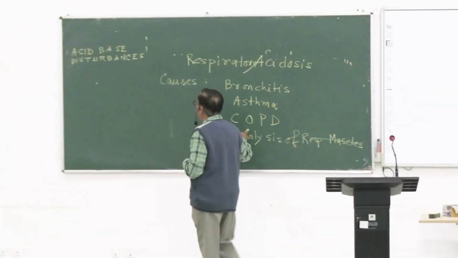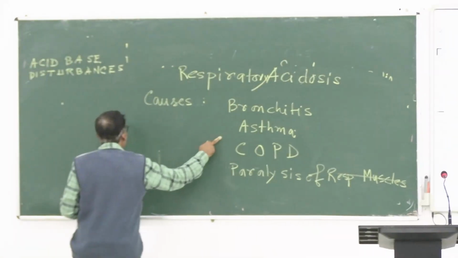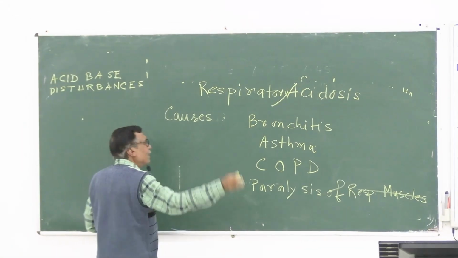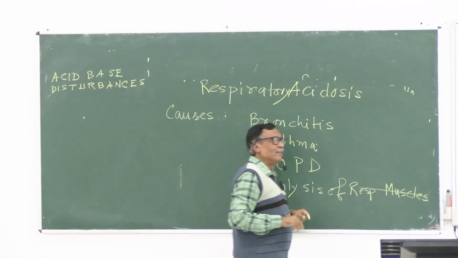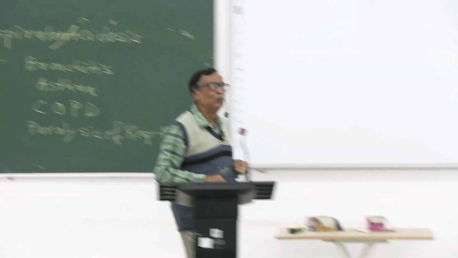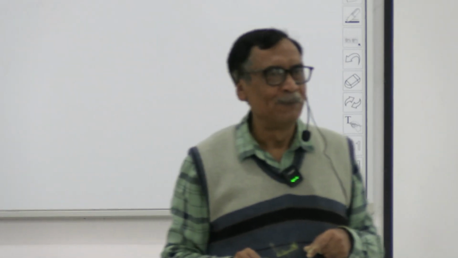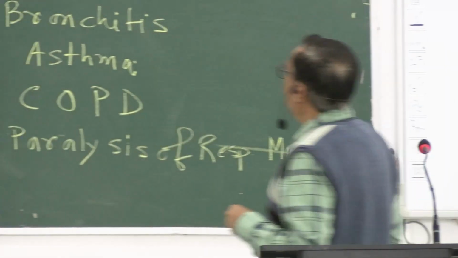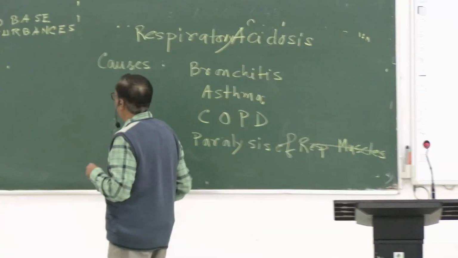In all cases, there is hypoventilation, retention of the carbon dioxide, increase of the PCO2, and that leads to decrease of the pH. These are the causes of the respiratory acidosis.